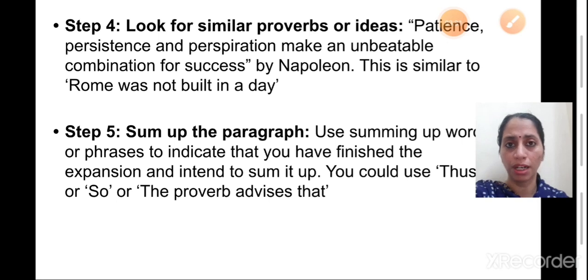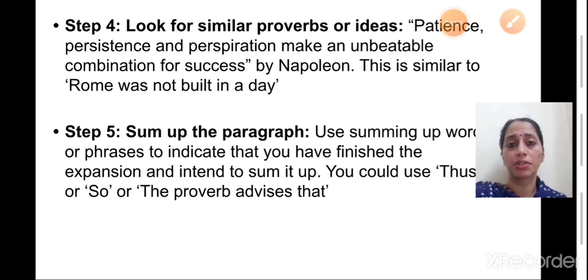When you work hard, correct? So these three qualities, if one person has, basically nobody can stop the person from achieving success in his or her life. So patience, persistence and perspiration make an unbeatable combination for success. So you have to look out for similar proverbs, ideas, or sayings.